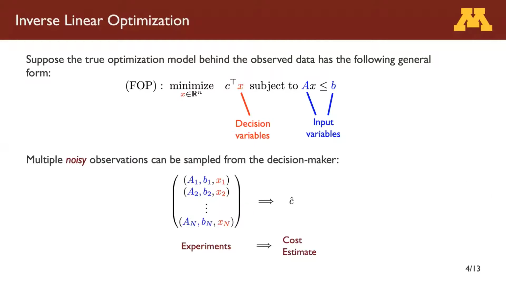To develop an estimate for the missing cost vector, we can collect multiple observations from the decision maker corresponding to different values of the input parameters A and b. We refer to every new perturbation of these inputs as an experiment in this work.